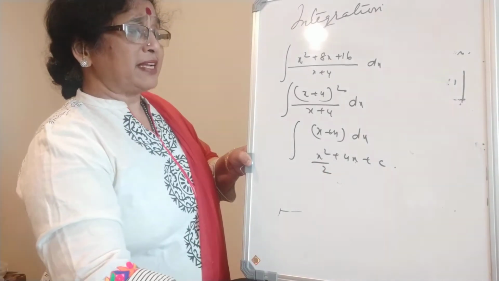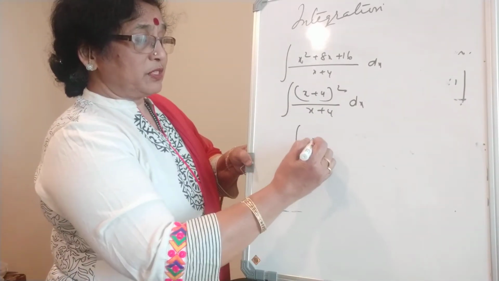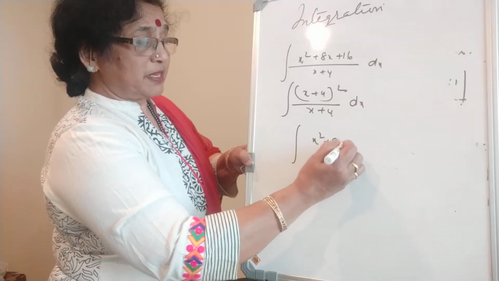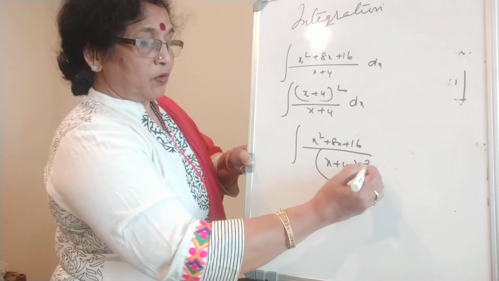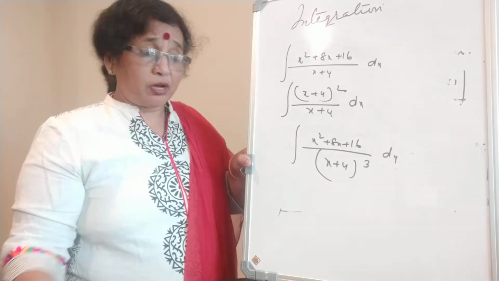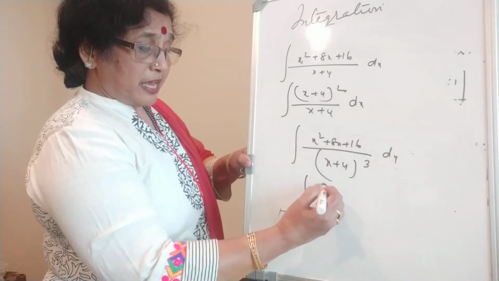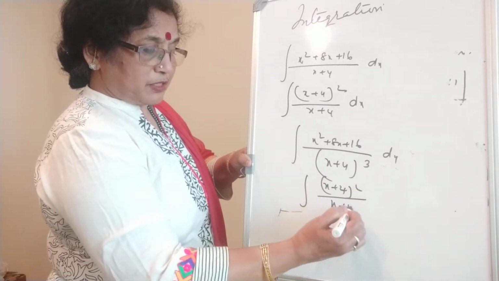It doesn't matter, even if this very same sum was like this, if it was x square plus 8x plus 16 divided by x plus 4 whole cube. How does it matter? Because this becomes x plus 4 whole square divided by x plus 4 whole cube.